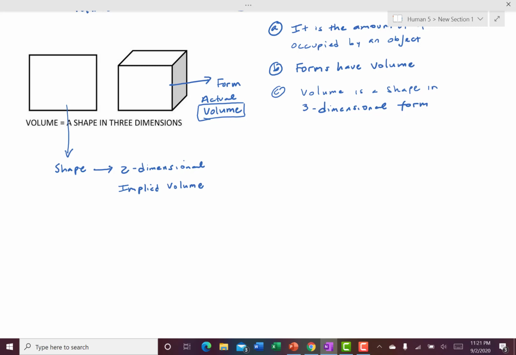But anything can have an implied volume as well, and often does, to give a sense of what that space is occupying, or what that object is occupying in space, right? That helps with the visual context of the size of something overall, right? And that's part of it, is that volume gives a sense of size, as mass gives a sense of weight.